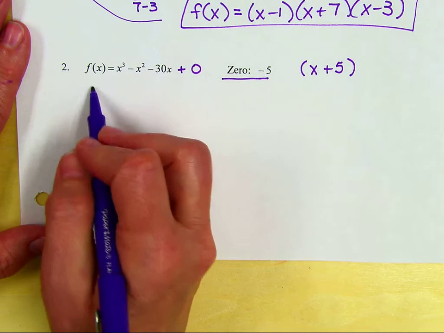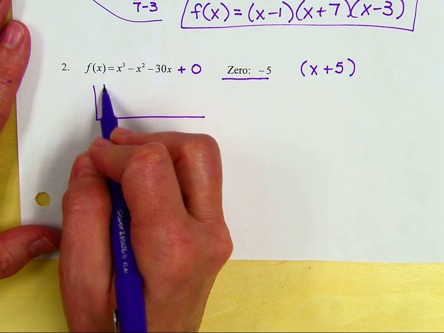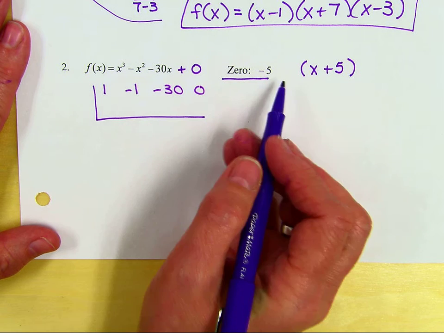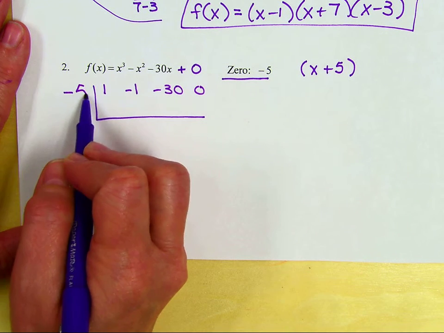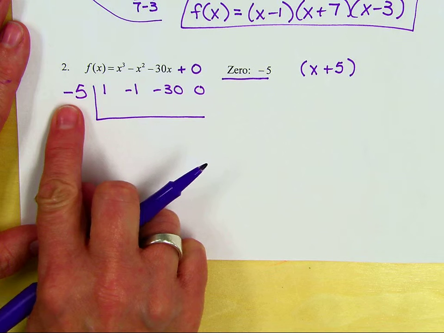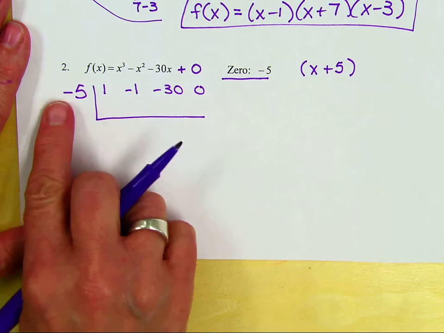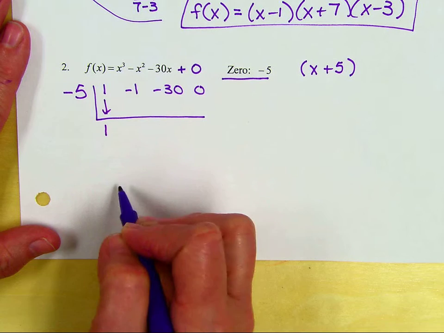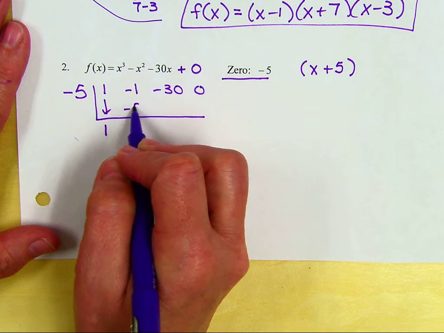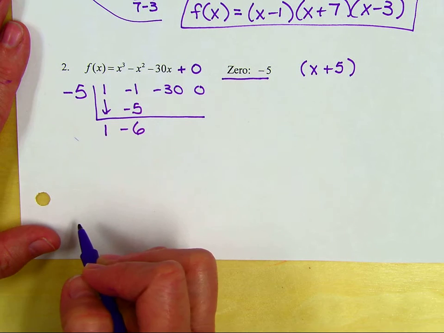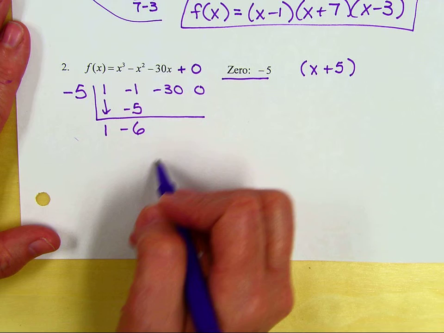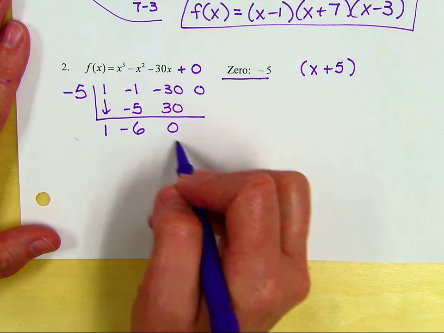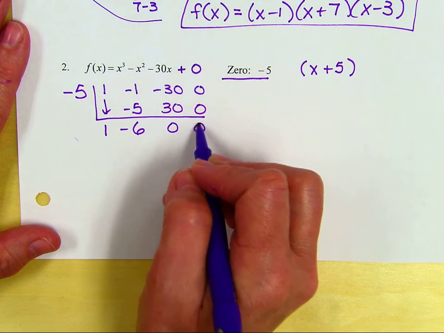So when we write it up, we've got 1, negative 1, negative 30, 0, being divided by a negative 5. This is the zero I put out here. First number straight down, multiply, write it, combine. Multiply, write it, combine. Multiply, write it, combine.